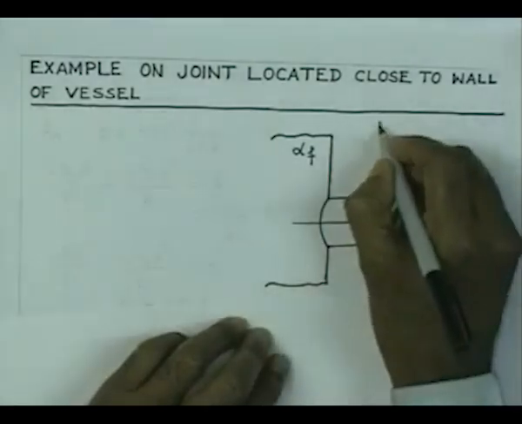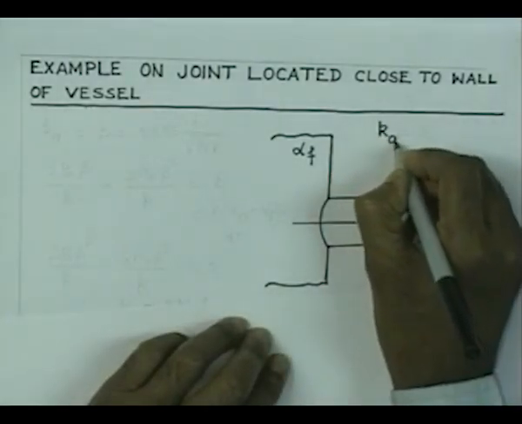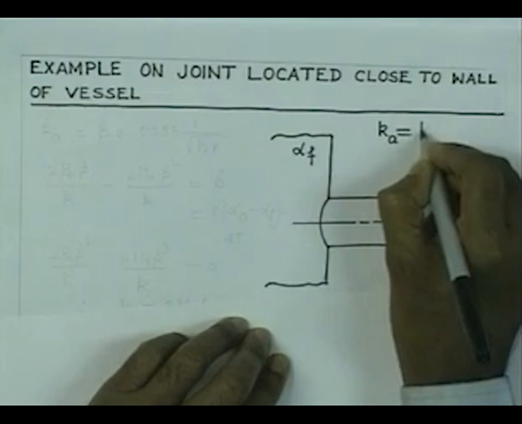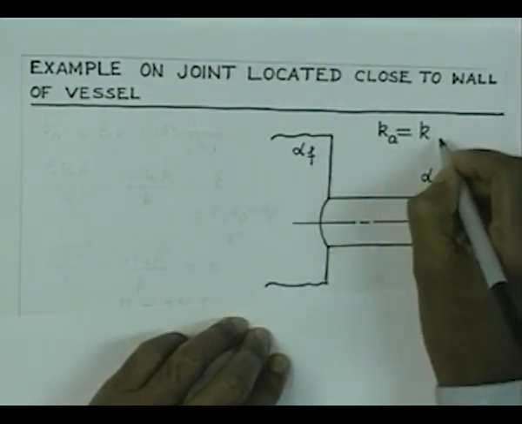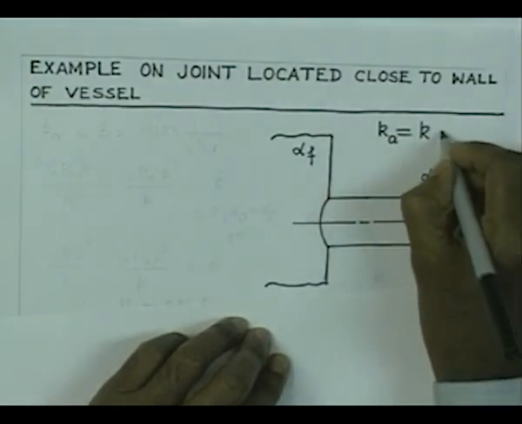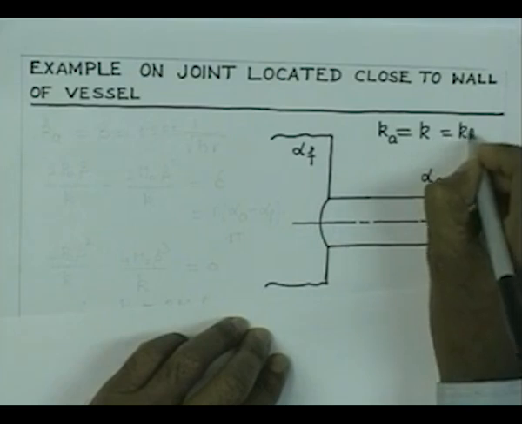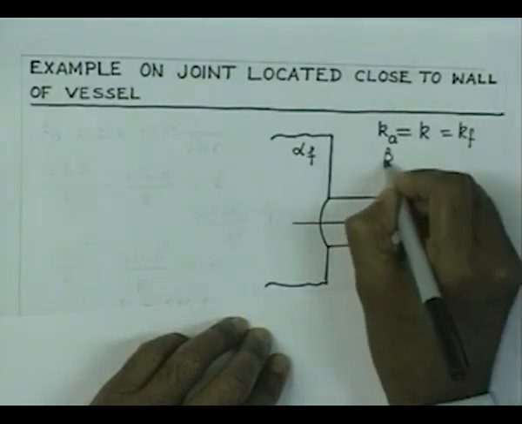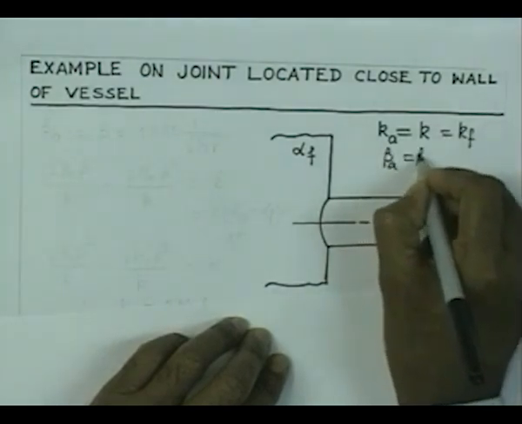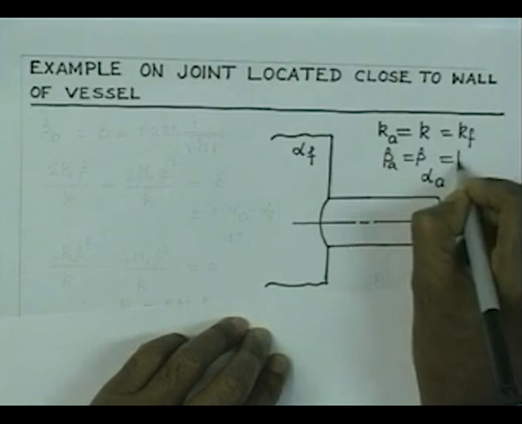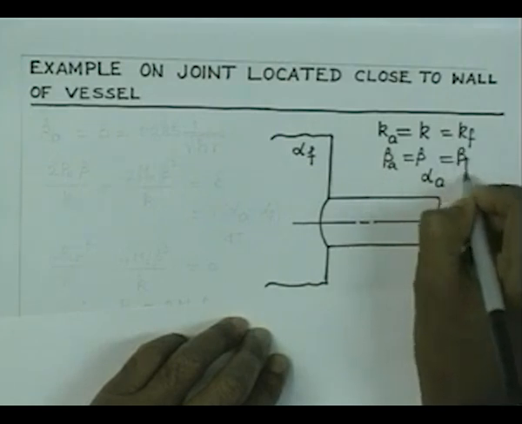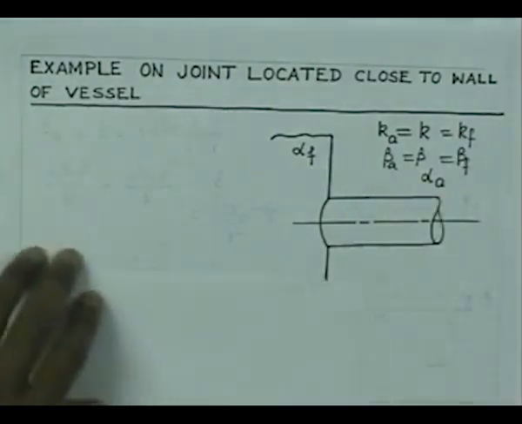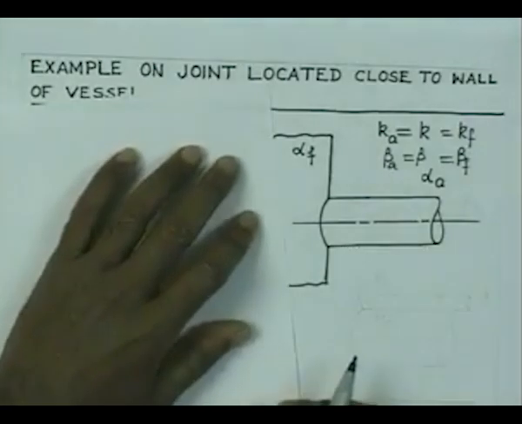By the argument that we had given in the earlier case, we can write certainly Ka is equal to K, and that is also equal to Kf, and similarly beta A is equal to, let us say, beta, and that is equal to beta F. Now, in this case the picture is different.